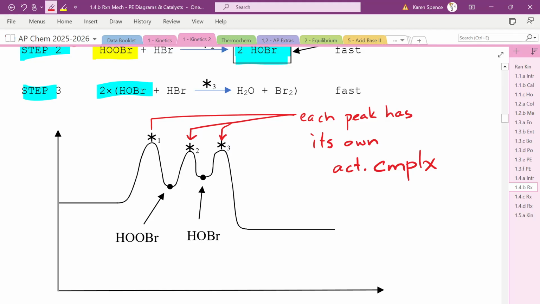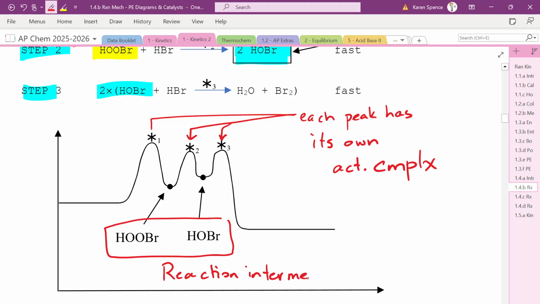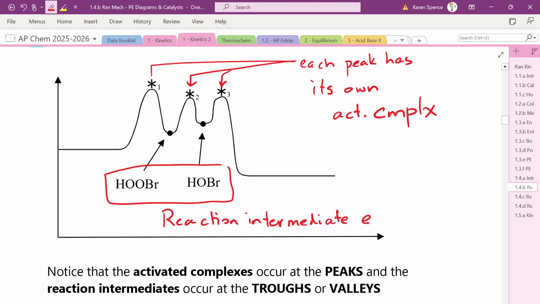And then in the valleys, or troughs, the reaction intermediates exist. Okay. They don't exist for very long.